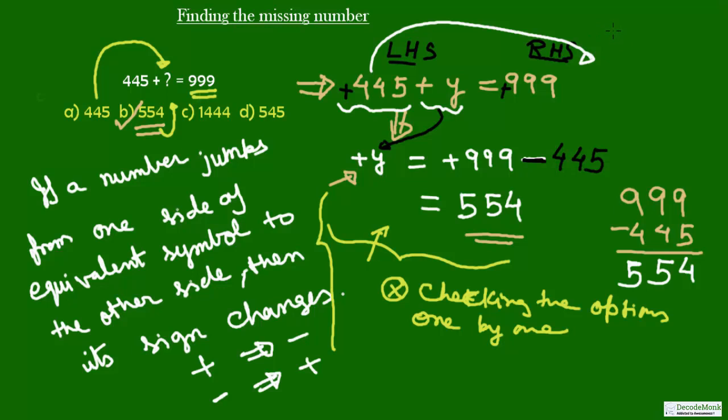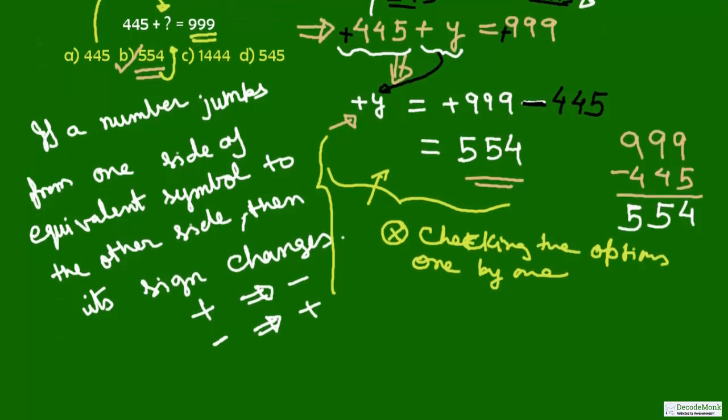Let us now try to do. So first I am checking option A, 445 plus. I am plugging option A, which is 445, and we have to check, because addition of 445 and the missing number, which we have represented by y, should be equal to 999.